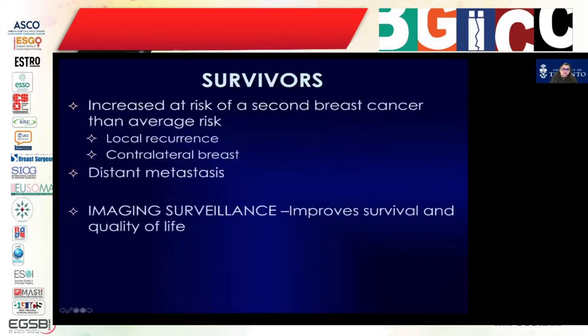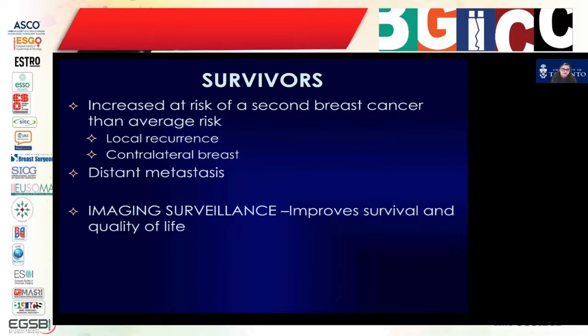So breast cancer survivors, what are the risk factors? They are at an increased risk for developing a second breast cancer than an average risk general population. Now, the second breast cancer could be in the form of a local recurrence. It could be in the form of a completely different type of cancer involving the same breast.